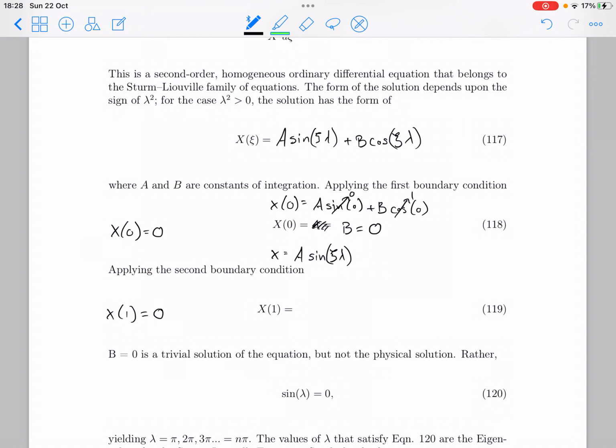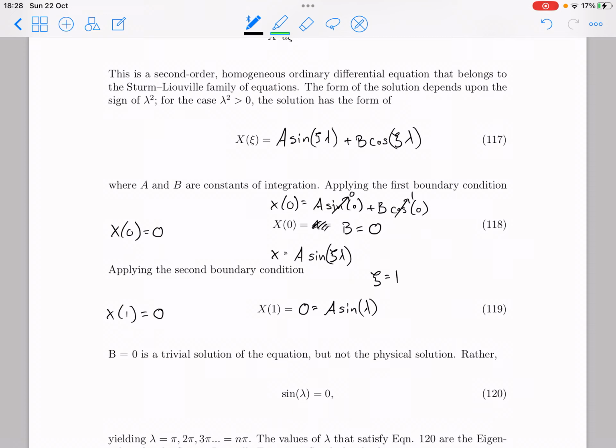And again, that's a homogeneous boundary condition, meaning that we've got a 0 there. Makes it easy to solve. So X of 1 is 0, and that is A sine of lambda equal to 0, because of course we've set xi equal to 1.